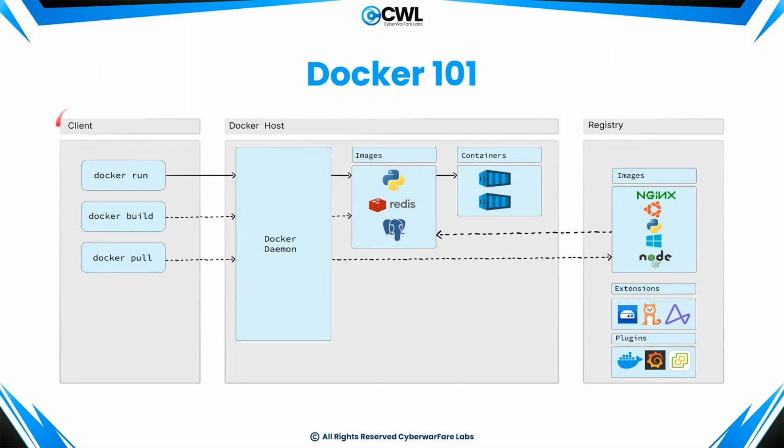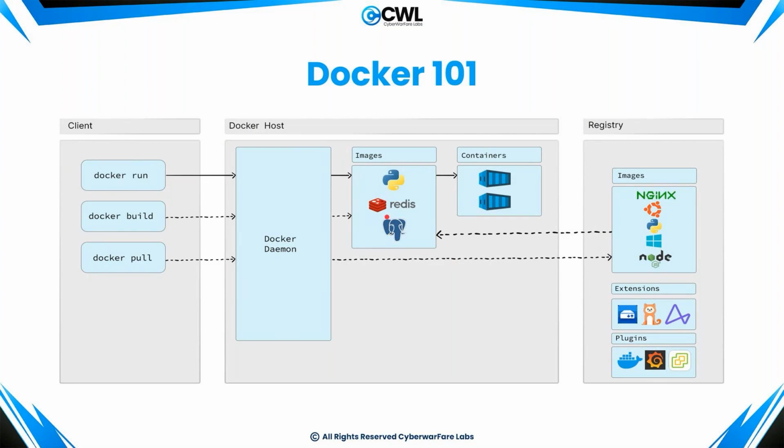We have three important things. One is the client who will be making the request. Second is the Docker host or the Docker daemon, the software which will be understanding the request. Based on the request that the client has made, it will be spawning a container. If the image exists locally, then it will not make a request.